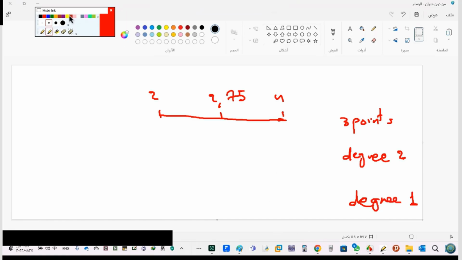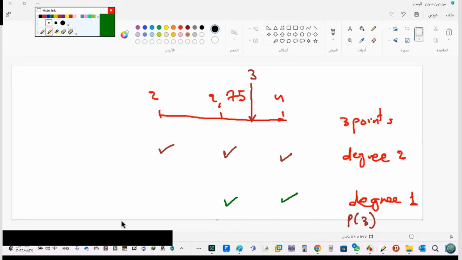For degree 2, I will select all points, this and this and this. For degree 1, based on the question, he asked me, for example, our question 5, find P(3). I need 2 points, so 3 is here. So I will select 1 point before, 1 point after.